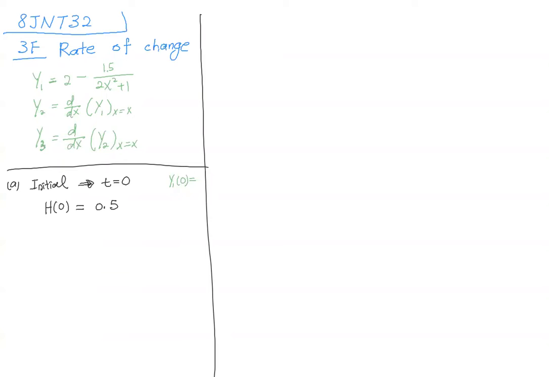Do you know how small 0.5 cm is? Meter. Yeah, thank you. So we have to be very careful. So 0.5 meter. So we start to study the growth of the tomato plant when the tomato plant is 0.5 meter tall. Are you okay? So that's called the initial height.